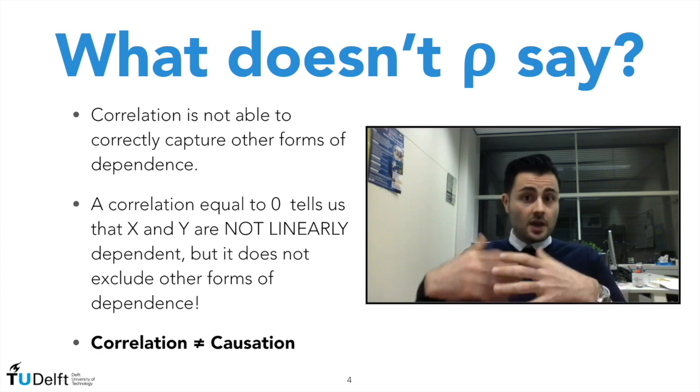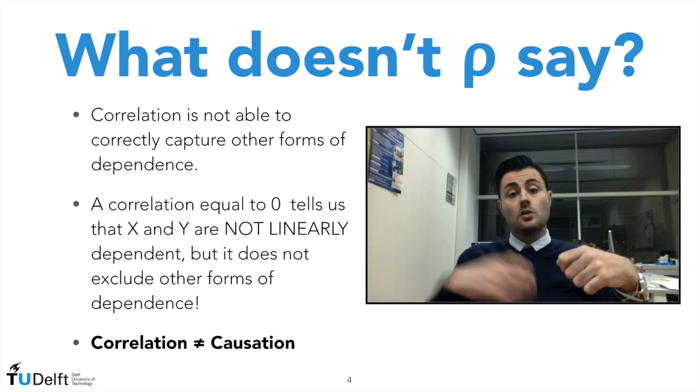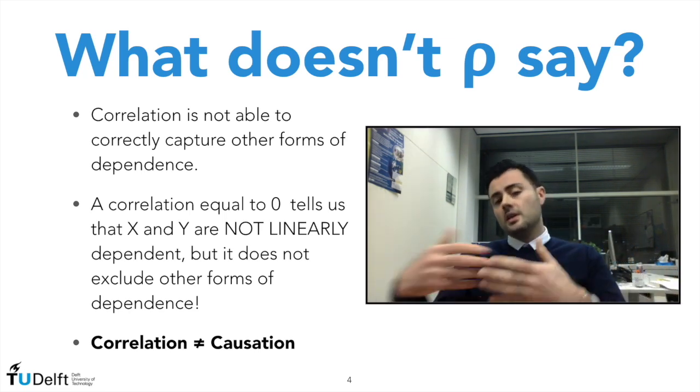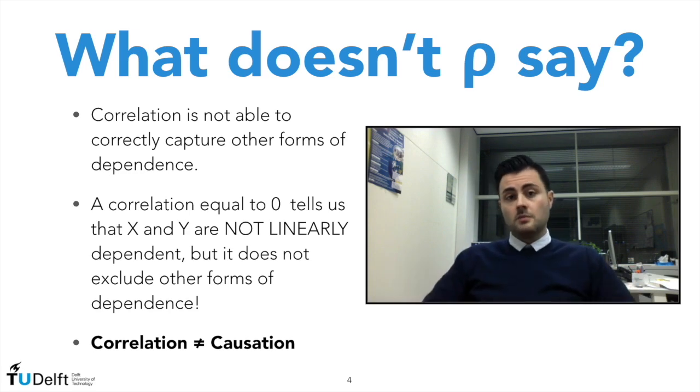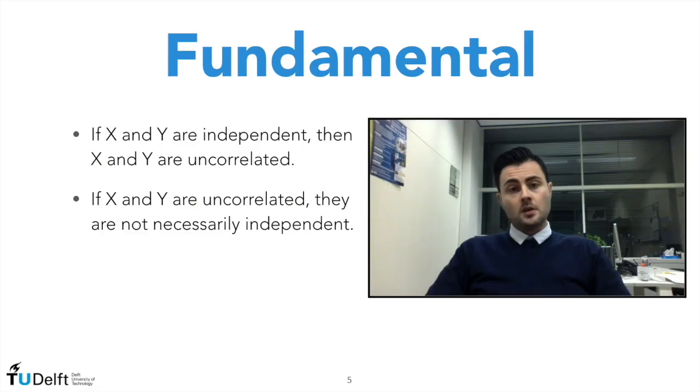Obviously, in the specific case in which I know that x causes y or vice versa, in that case, correlation will coincide with causation, but it's a very special case. So I repeat, I know I can be boring, but I think it's very important to underline this. If x and y are independent, then they are for sure uncorrelated. But if x and y are uncorrelated, we have no guarantee that x and y are really independent.